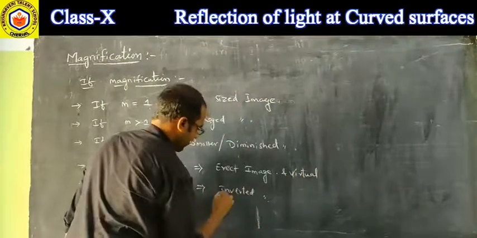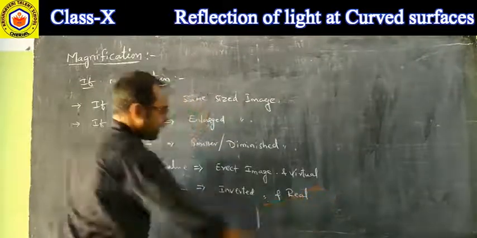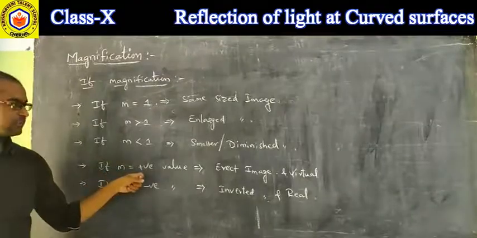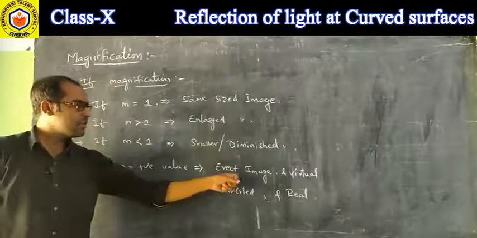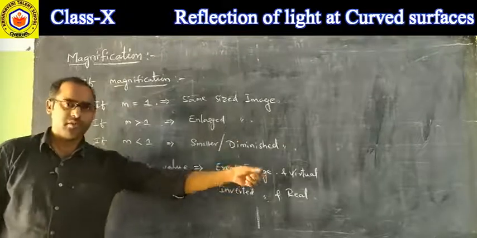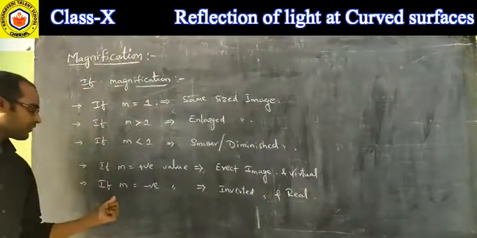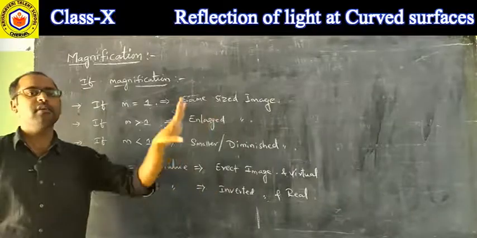Erect and virtual, and here inverted and real image. Yes, if the magnification value is positive, then the image is erect and virtual. Erect, straightened image, and virtual image. And if the magnification value is negative, it indicates an inverted image and real image.